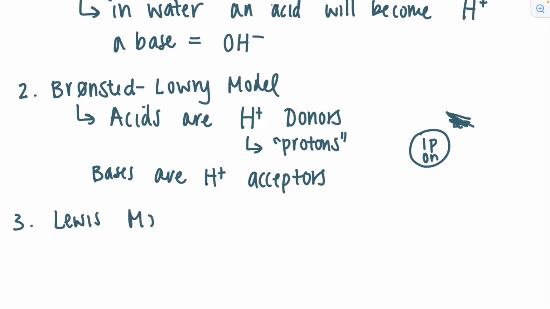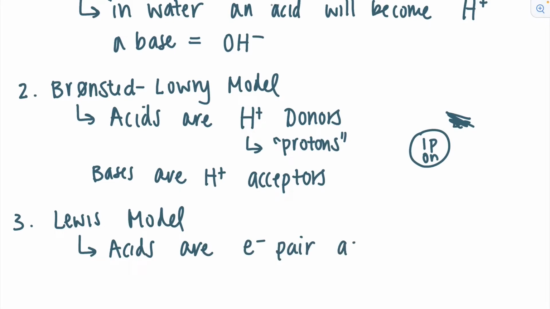The third model for acids and bases is the Lewis model. This is the newest model, and it's a really useful model. We're not going to do it in our class, but when you move on to higher level chemistry classes, generally they work off of the Lewis model for acids and bases. These are all the same, it's just a different way to think about them in each setting. So in the Lewis model, acids are electron pair acceptors.